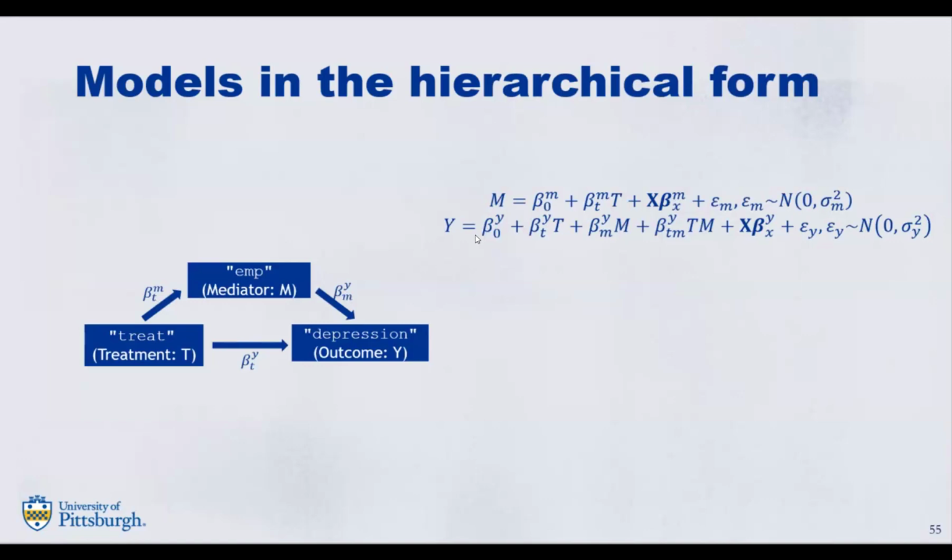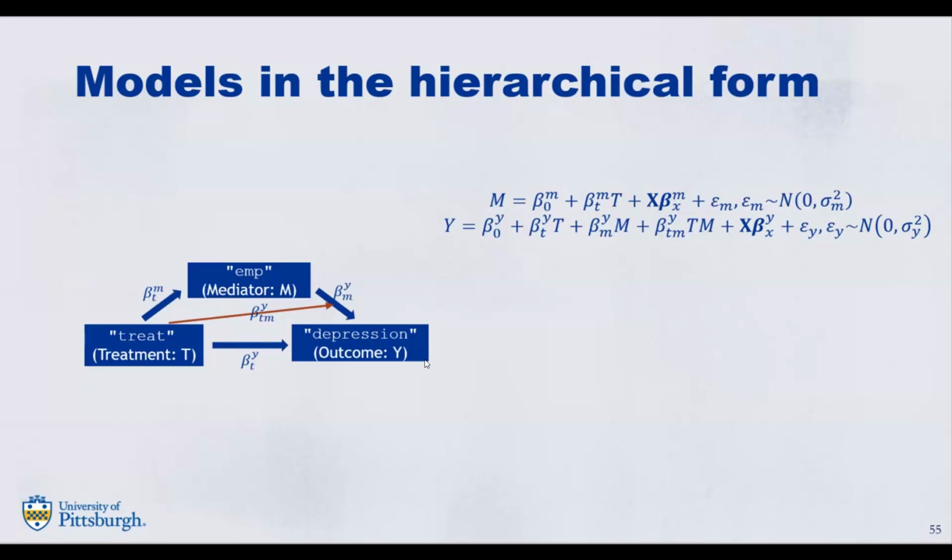Here we use an arrow from the treatment to the path from the mediator to the outcome to indicate the treatment by mediator interaction, which means that the mediator affects the outcome differently between the treatment conditions.